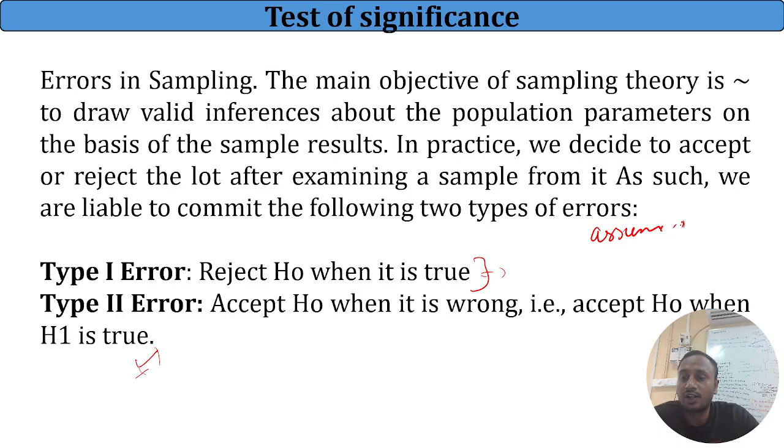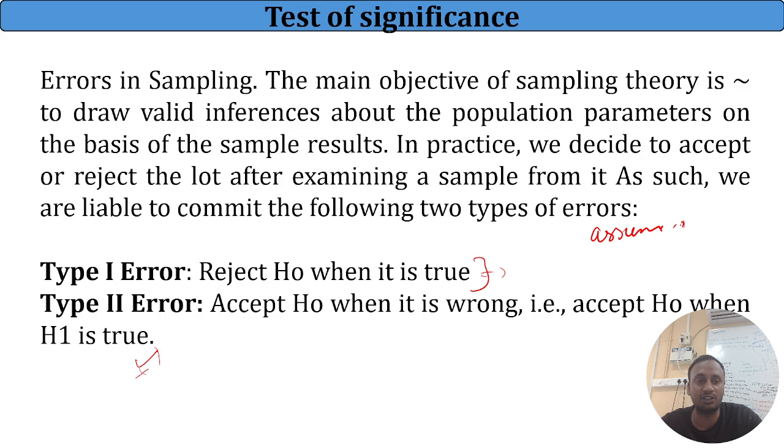Which one is more critical actually? I think both are equally critical, but type 2 is more critical because it influences things much more. If you go deep into statistics, it's more critical.